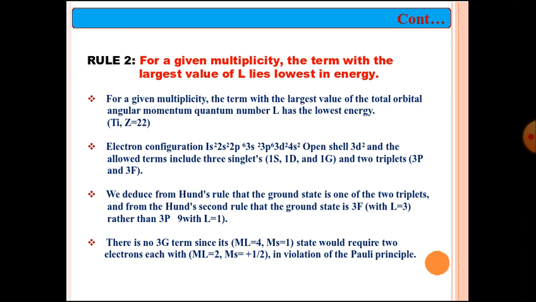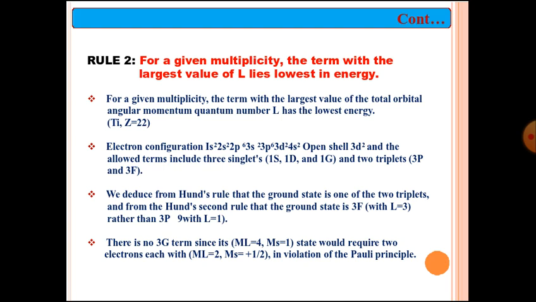Electron configuration 1s square, 2s square, 2p6, 3s square, 3p6, 3d square, 4s square, with open shell 3d square, and the allowed terms include 3 singlets, that means 1S, 1D and 1G, and 2 triplets, 3P and 3F.